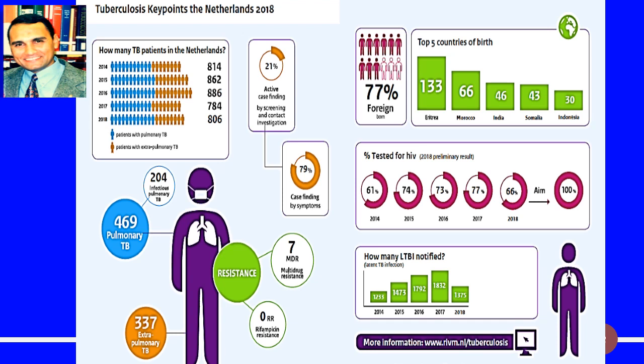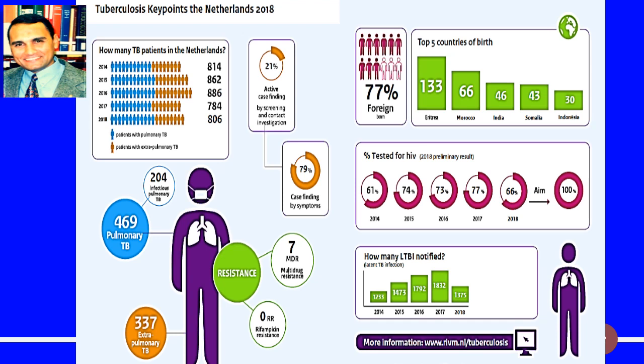Also, when people infected by tuberculosis were tested for immune-compromising disease or HIV infection, they found that the highest rate was in 2015 at about 74%, and the lowest was in 2014 at 61%.